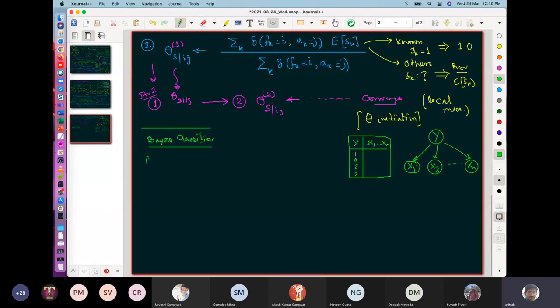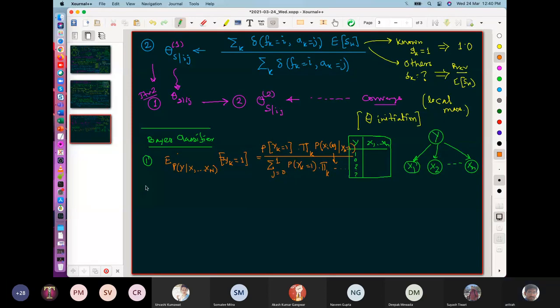In the first step, when you compute the expected value of y given x1 to xn, let's say yk equal to 1, then it is nothing but the probability of yk equal to 1 times, since conditional independence holds for every xi, the product of xik given yk equal to 1, divided by, by the Bayes theorem, the sum over j equal to 0 to 1 (I am assuming 0, 1, 2 possibilities) of the probability of yk equal to j times this part.